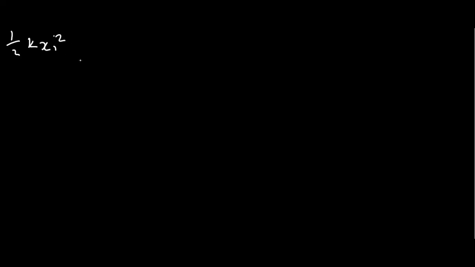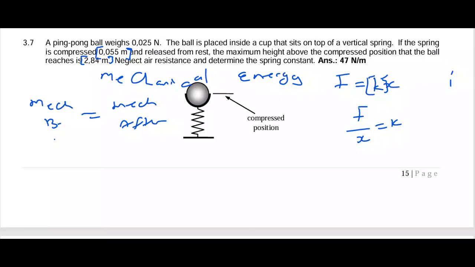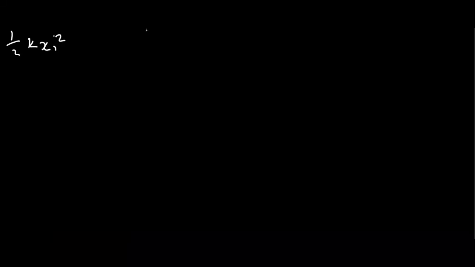So remember, the ball was released from rest. So now we are not going to have that 1 over 2 mv squared, which is kinetic energy, which is going to be 0. What about the height? So the height for the potential energy is going to be 0, remember, equals to.